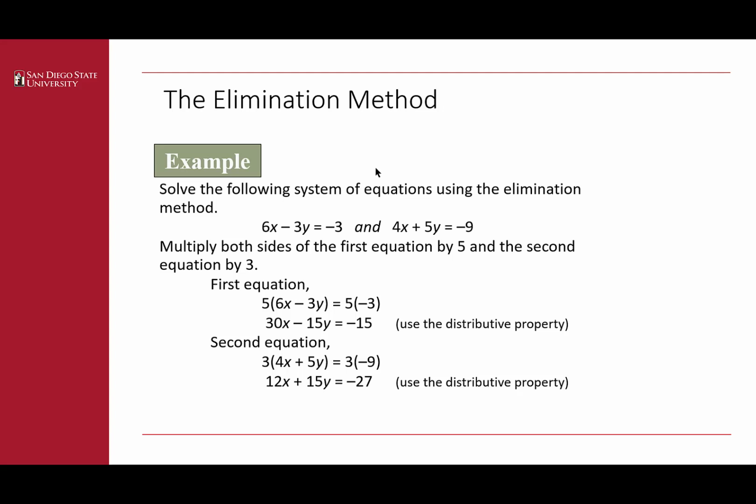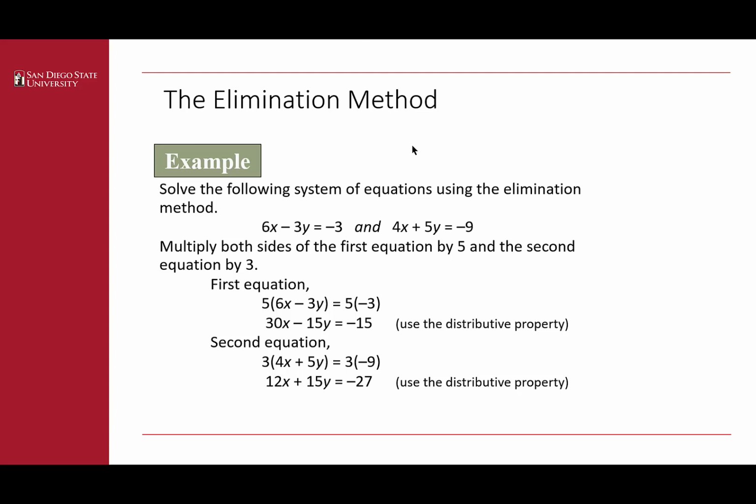Why do we choose 5 and 3 for multiplication? It is because of the reason why we are multiplying these equations by a factor. We want to add these two equations side by side: the left hand sides will be added and the right hand sides will be added together, and we will eventually get another equation, which is the addition of these two equations.